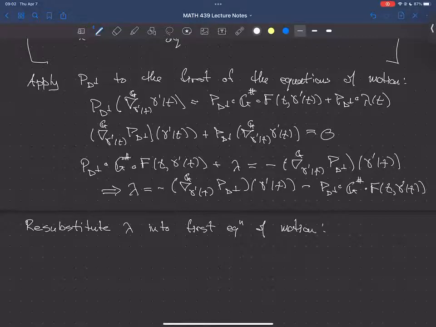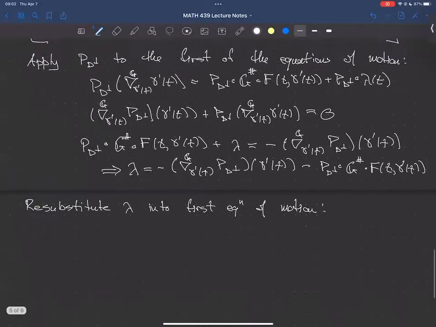So I get then nabla G gamma prime of t gamma prime of t. I'm going to write it out with a direct substitution, then I'll do some simplifications.